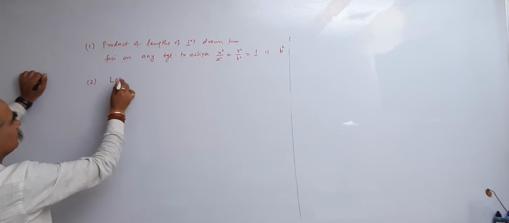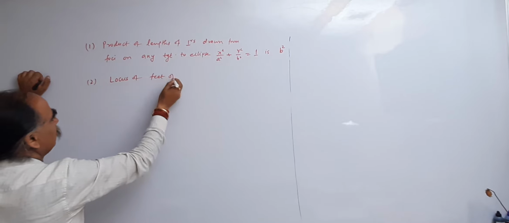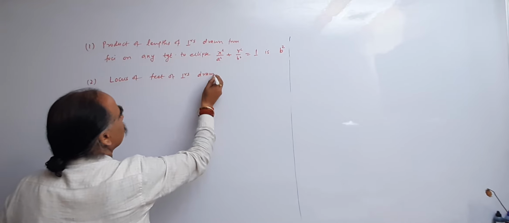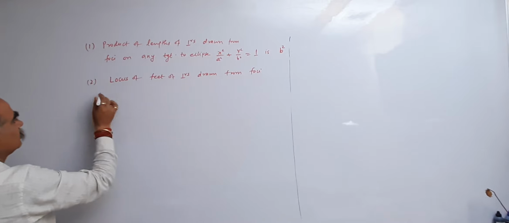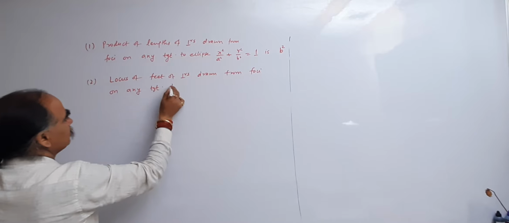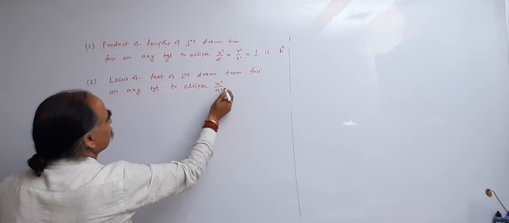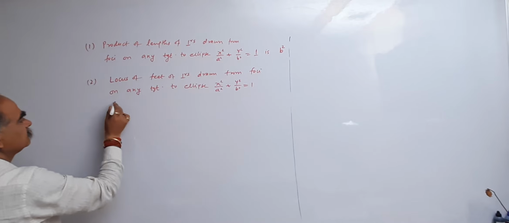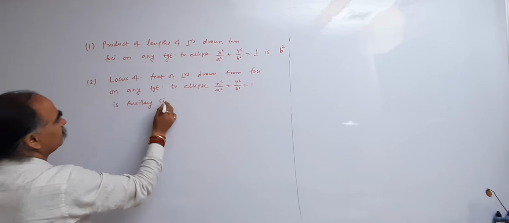Locus of the foot of perpendiculars drawn from foci on any tangent to the ellipse is the auxiliary circle of the ellipse.